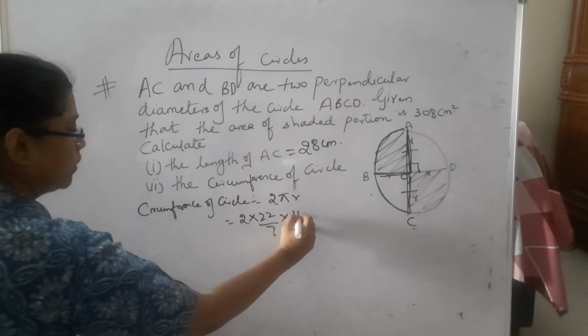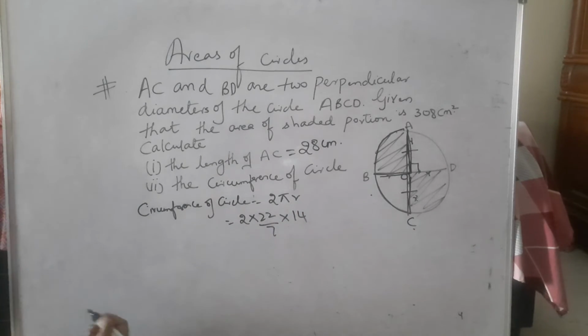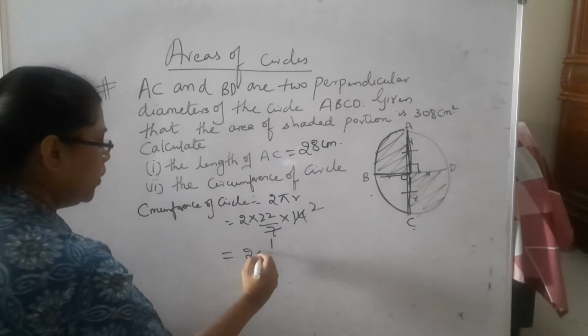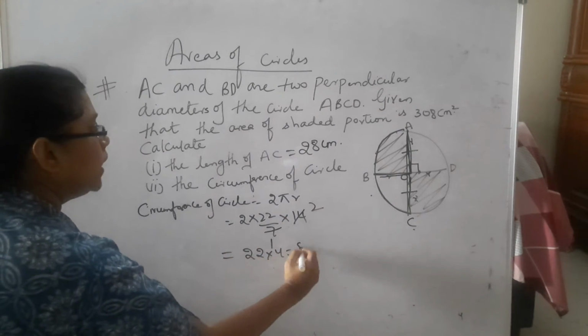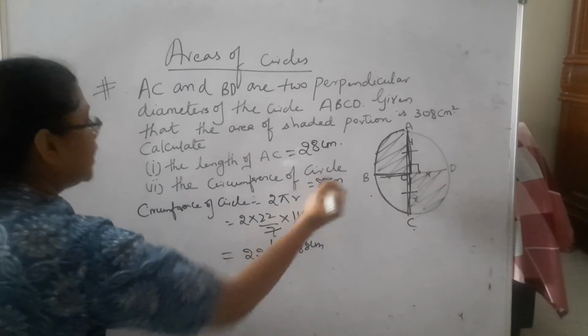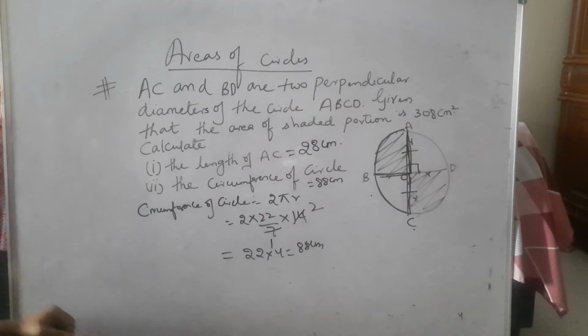We got r as 14, because the radius is the same throughout the circle. So 2 sevens are 14, 22 into 4, which is 88 centimeters. Therefore, the length of AC, the diameter, is 28 centimeters and the circumference of the circle is 88 centimeters.